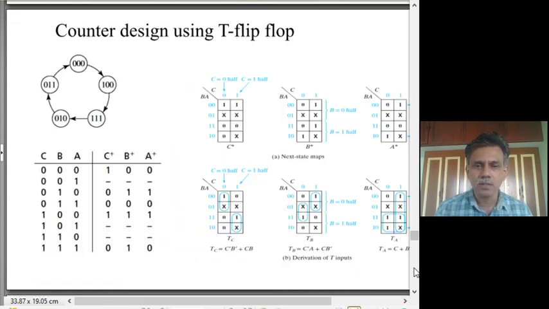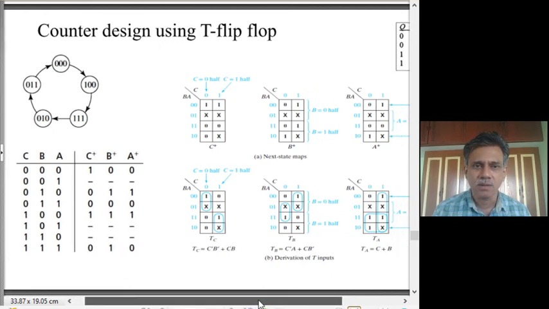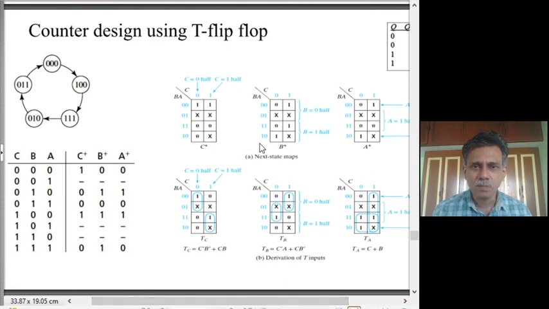Suppose these ABCs and A plus, B plus, C plus are important. We have already drawn the K-maps for A plus, B plus, C plus for some other reasons. Now we don't want to write explicitly TC, TB, TA and then get the corresponding K-maps.